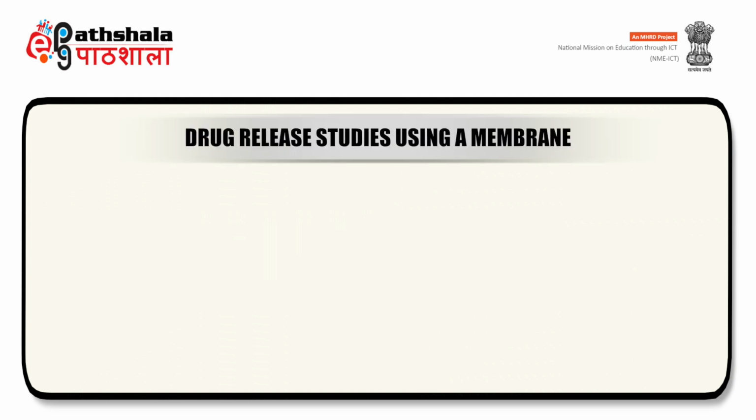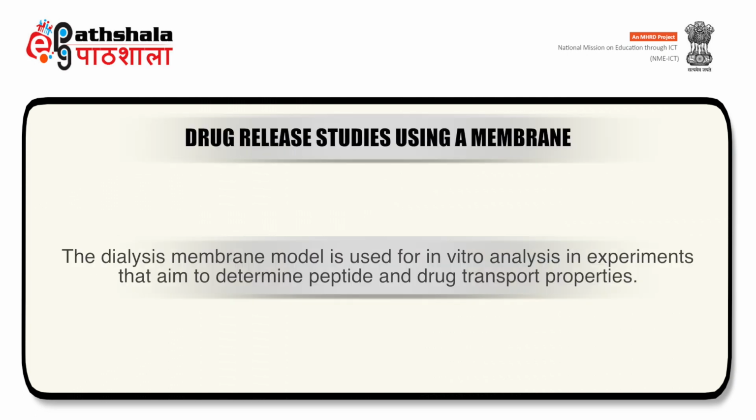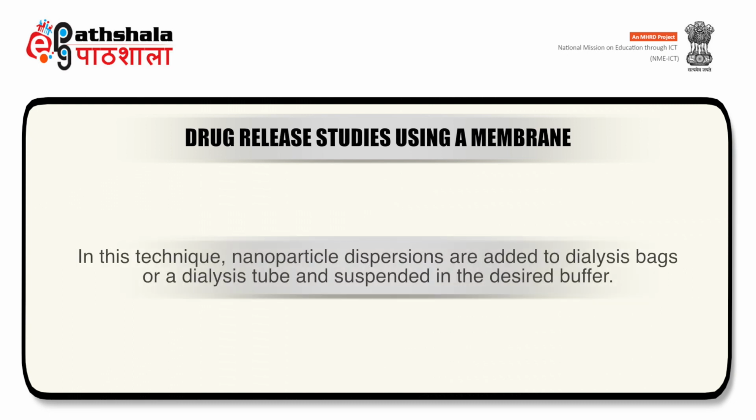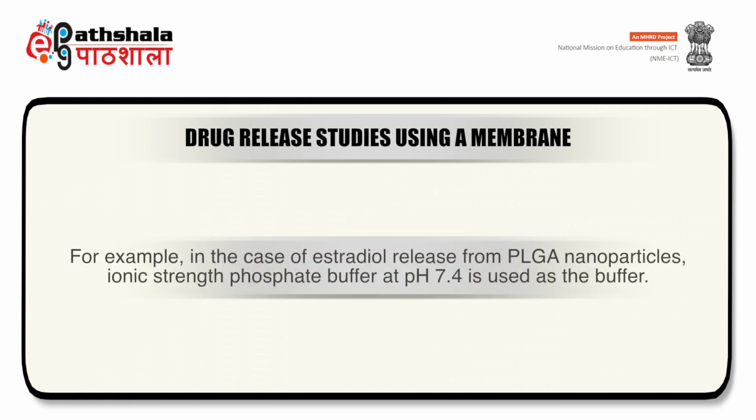Drug release study using a membrane. The dialysis membrane model is used for in vitro analysis in experiments that aim to determine peptide and drug transport properties. In this technique, nanoparticle dispersions are added to a dialysis bag or a dialysis tube and suspended in the desired buffer. For example, in the case of estradiol release from PLGA nanoparticles, ionic strength phosphate buffer at pH 7.4 is used as the buffer.